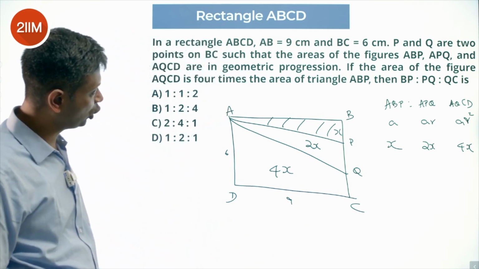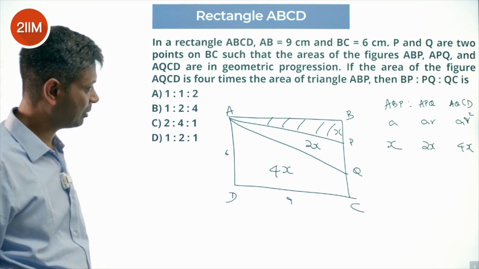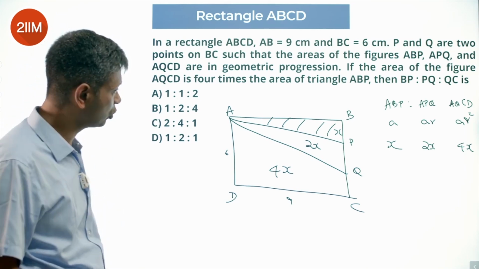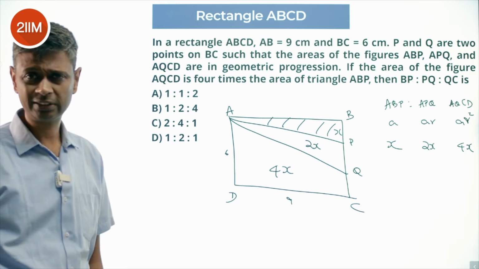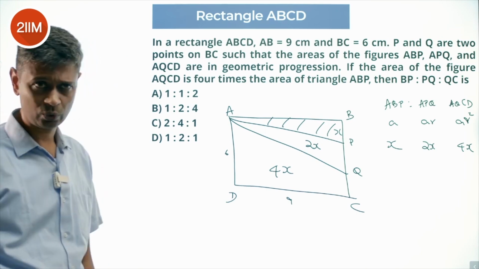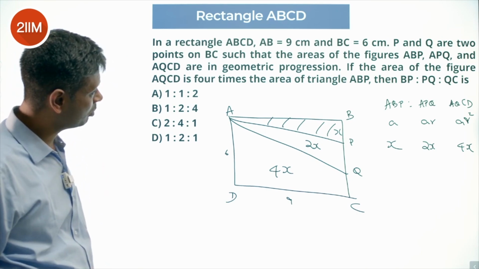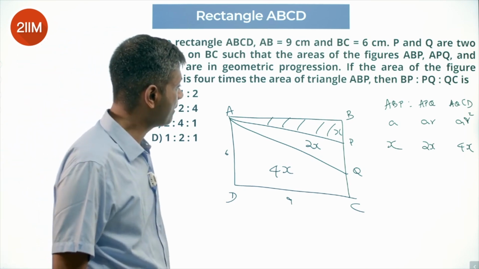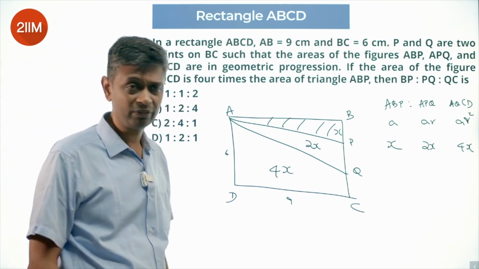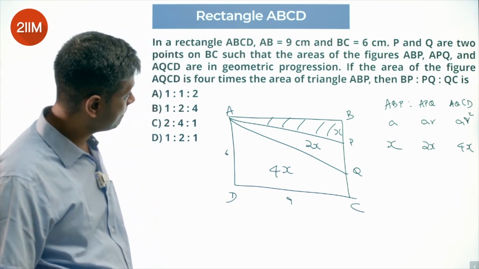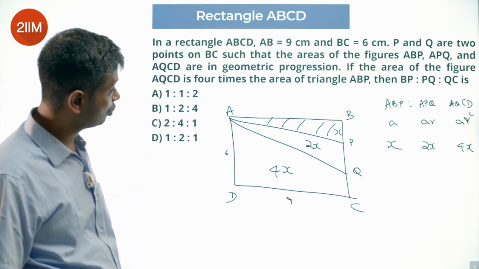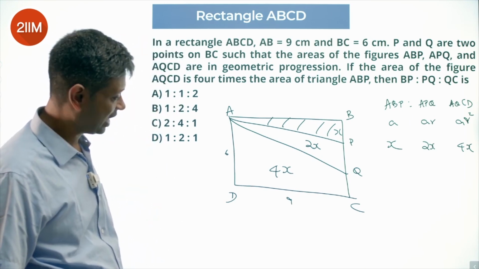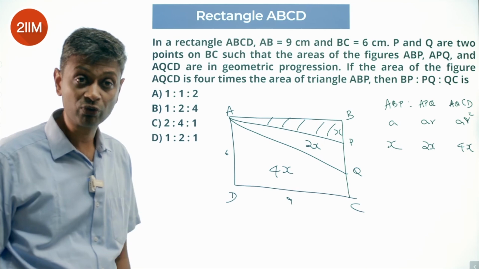BP is to PQ is to QC, what is that equal to? So we have to find the distances now. The areas are in the ratio x is to 2x is to 4x. APQ is 2x, ABP is x, AQCD is 4x.